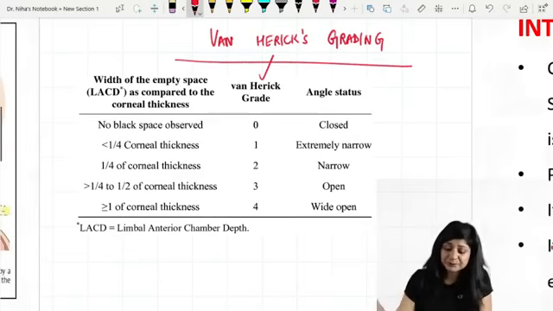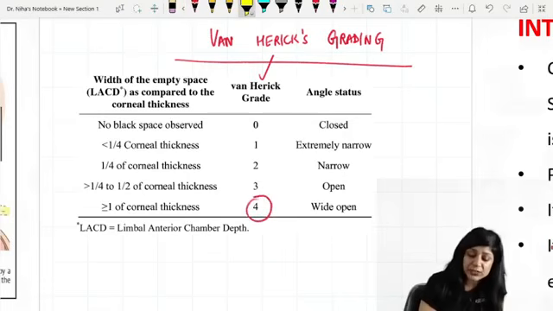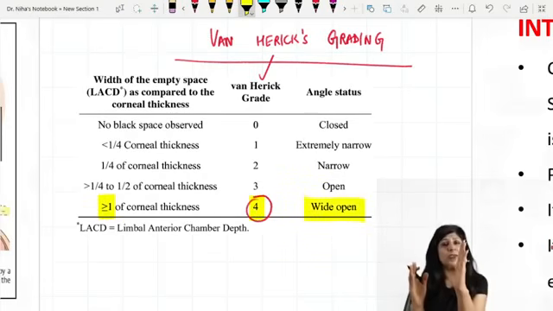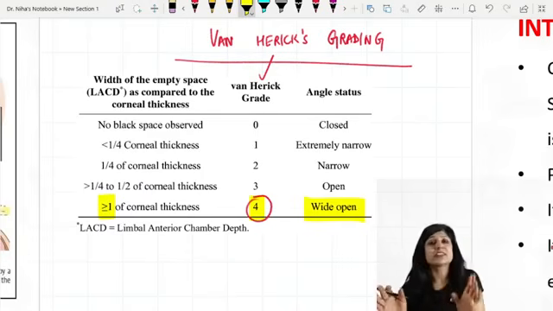We can start from grade 4. We make 2 slits, one for the anterior chamber and one for the corneal thickness. If it is more than the corneal thickness, the angle is wide open, not a problem.